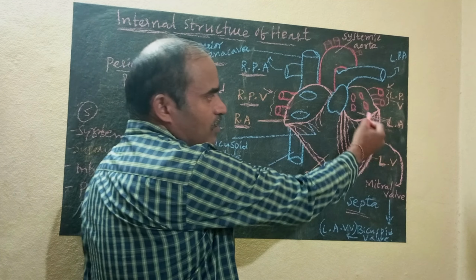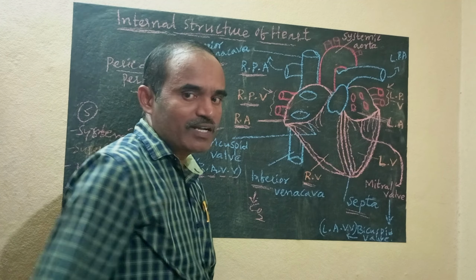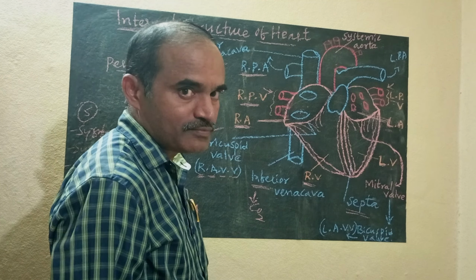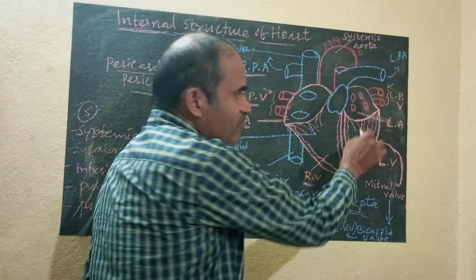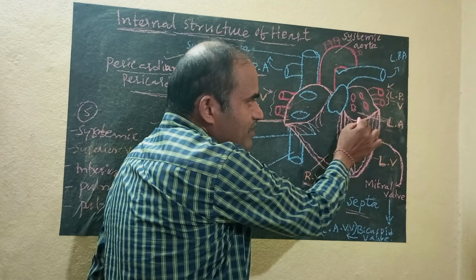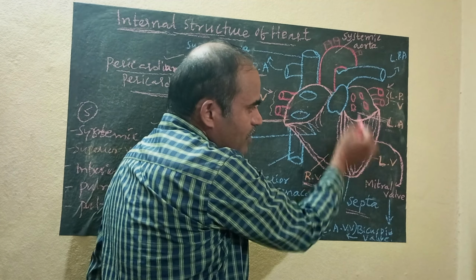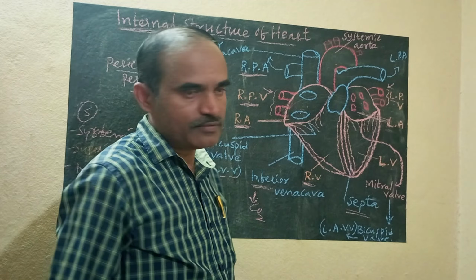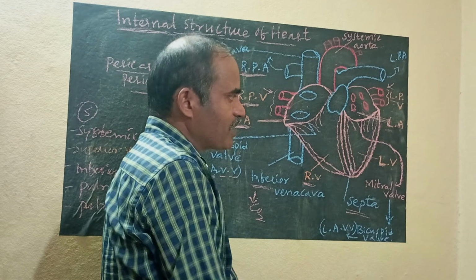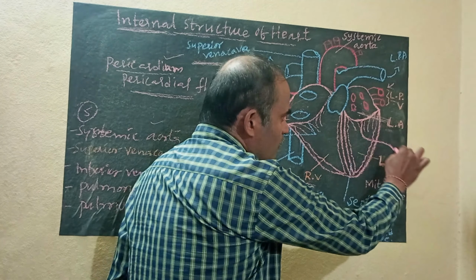On the left side, blood collects in the left atrium, or left auricle. When the upper two chambers contract, the blood flows from the left atrium to the left ventricle through a valve.